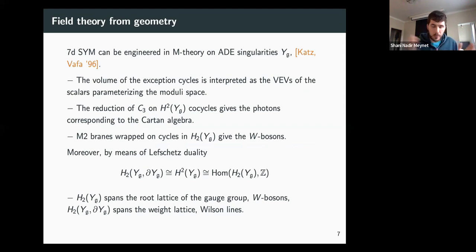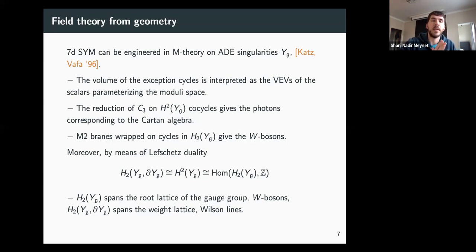This geometry is a four-dimensional, non-compact local Calabi-Yau geometry. It is a hyperkähler quotient. There are many ways to describe this. We are interested in this singularity because it's been shown that one can indeed recognize the spectrum of super Yang-Mills starting from M-theory on these varieties.